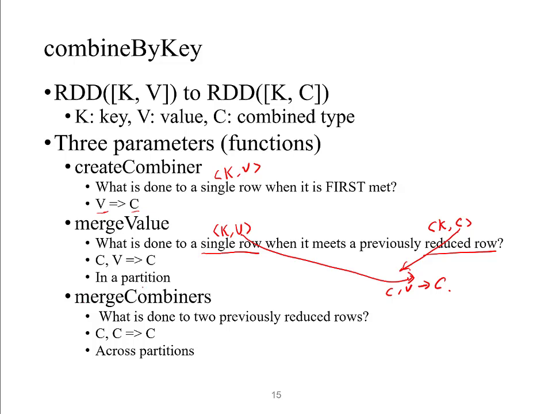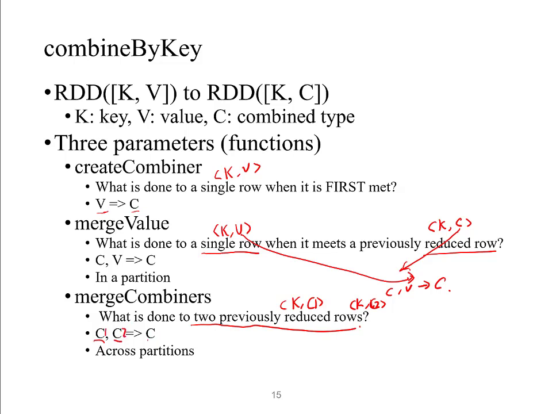Now for merge combiners, the input is C and C. Actually, it's C1 and C2, because they correspond to the two previously reduced rows. So it's two KC pairs.